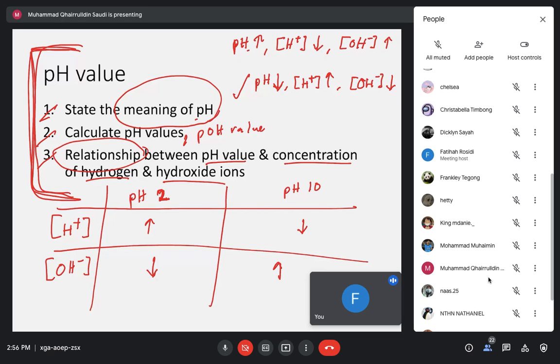The due for the assignment is today. We will discuss the exercise in our next class, and we will also continue with strength of acid and alkali.